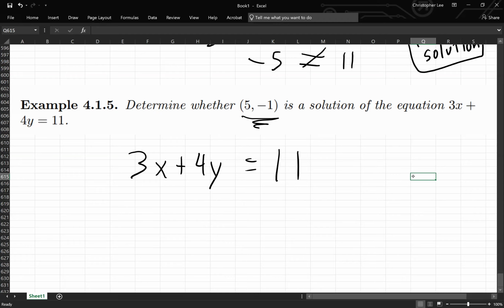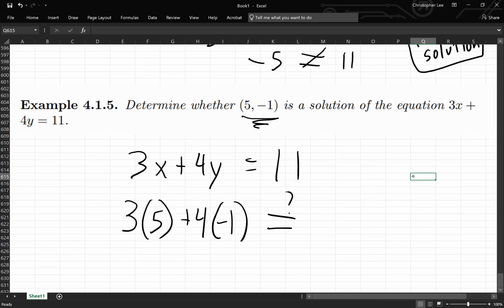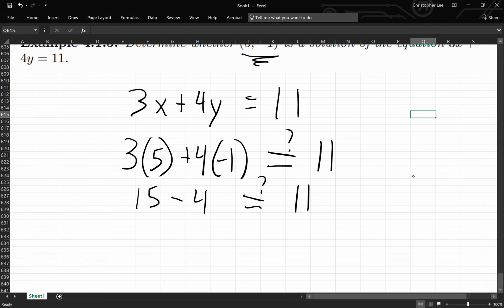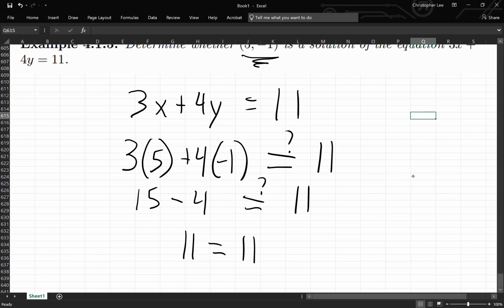How do I do this? Somebody tell me how to do this. Good, good, good. Times -1. And I want to know, does this equal 11? So 15 minus 4, does that equal 11? And then 11 equals 11.